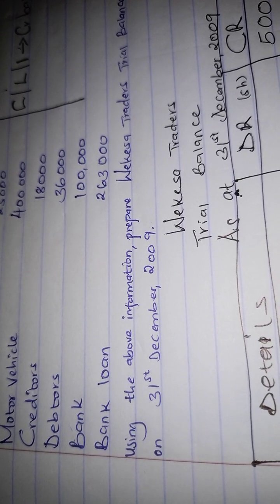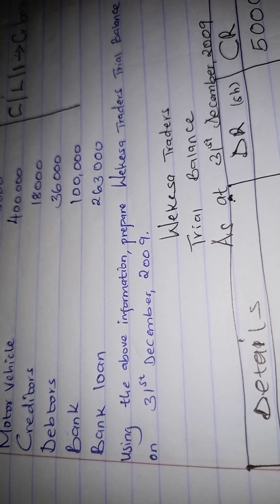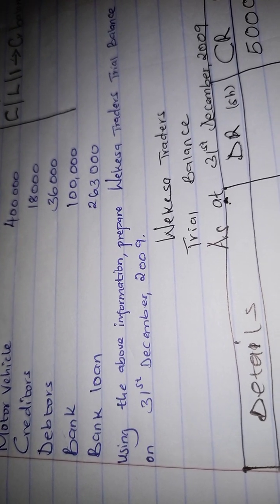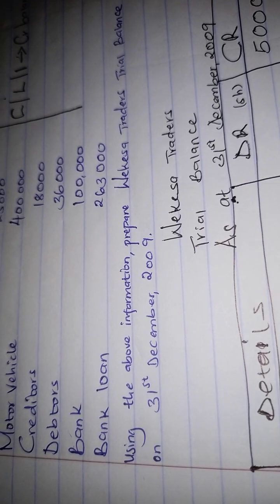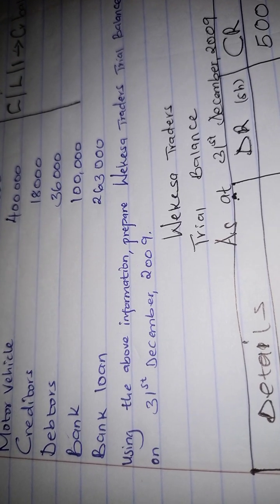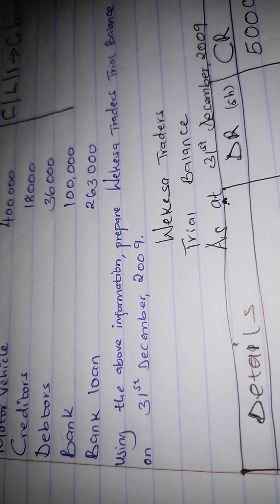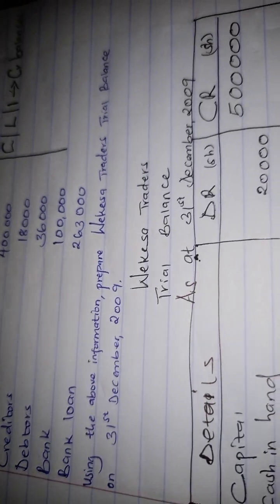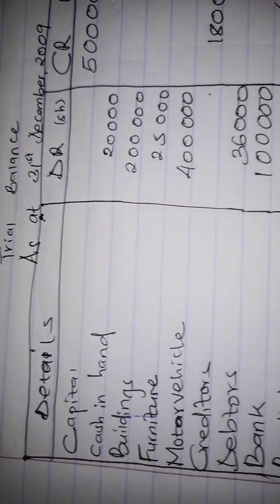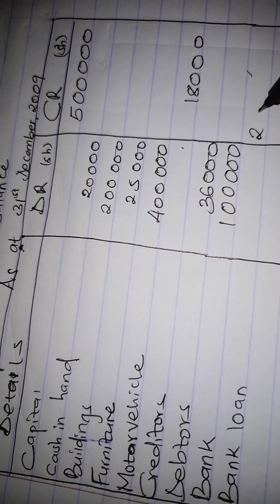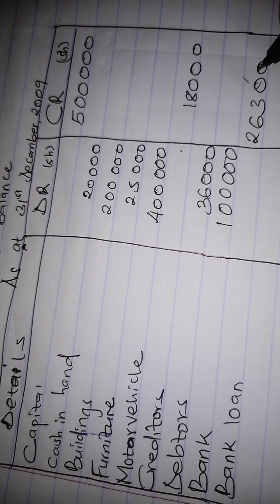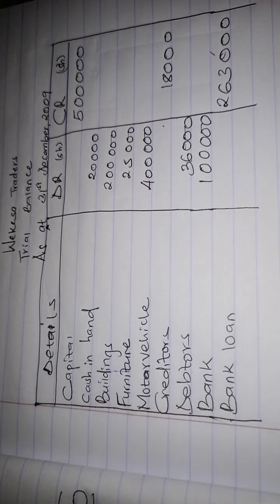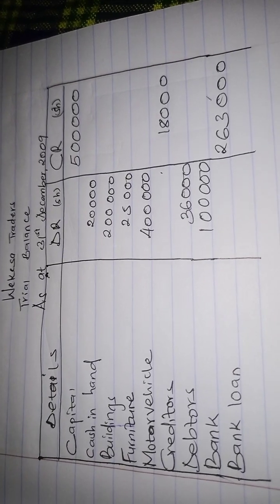The last one is a bank loan. Our bank loan is a liability, therefore we are going to credit 263,000.